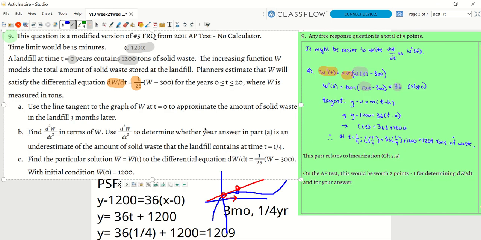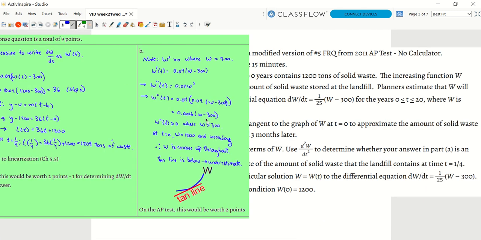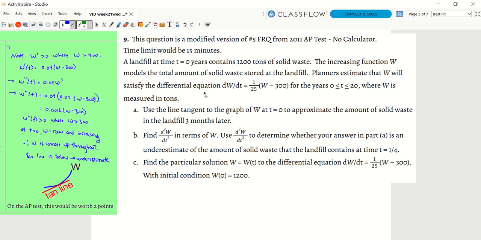Okay, so let me scoot this over here. Let's just copy, paste, or cut, delete, move this over, and let's look at part B. Okay, now, I can't remember if there was a diagram for this.